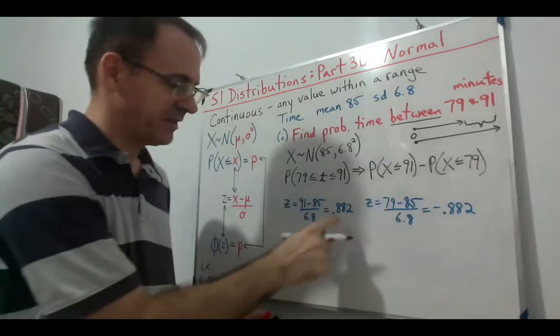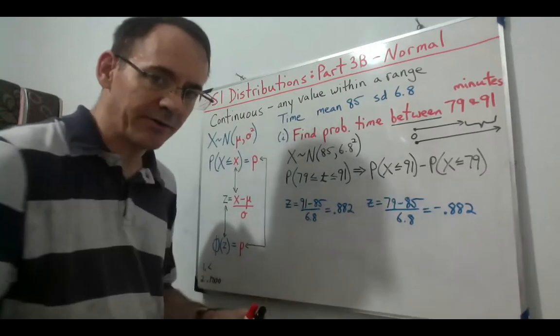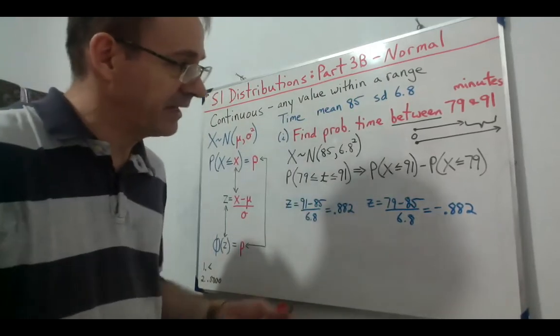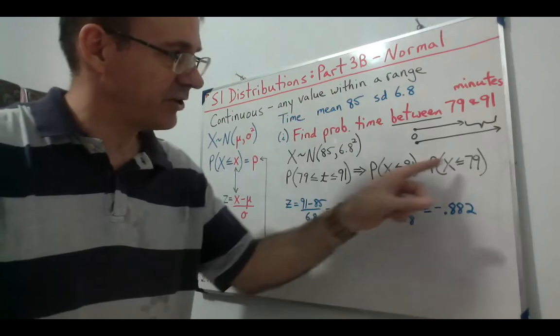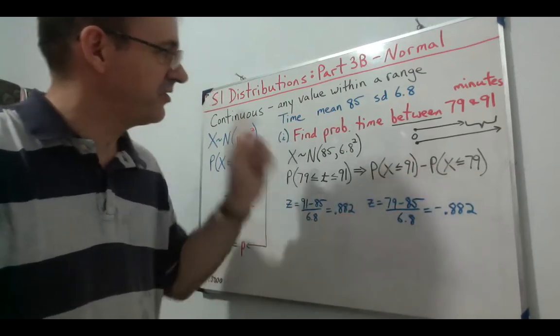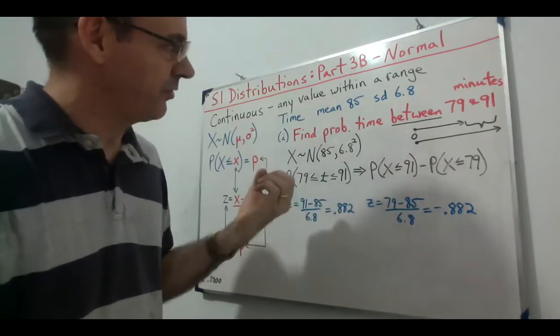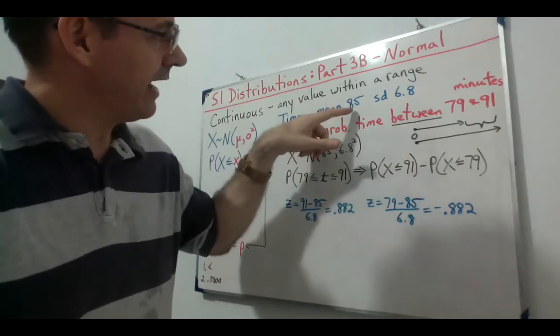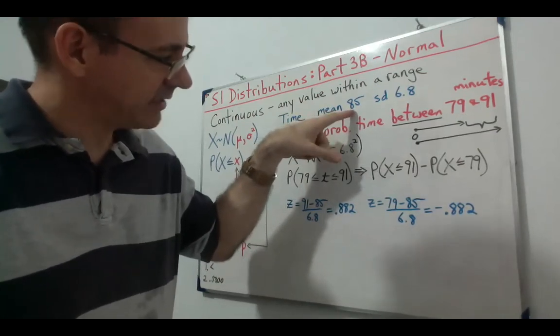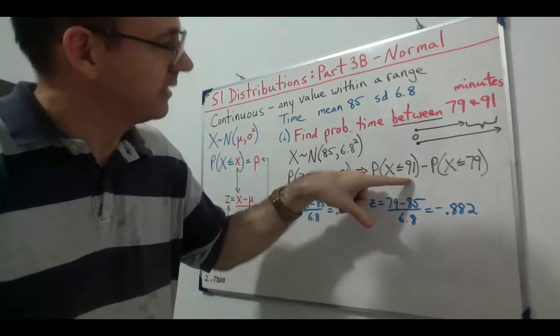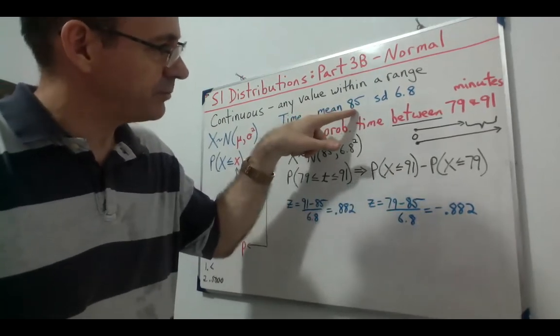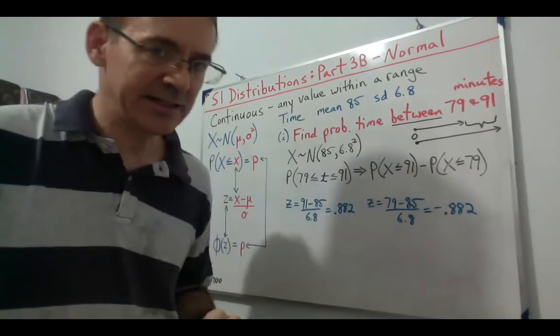Now that's interesting. These are the same numbers, but one of them is negative. What that means is these two numbers are exactly the same distance away from the mean. If you think about it, if you take 85 and you add 6, you get to 91. If you take 85 and you subtract 6, you get to 79.